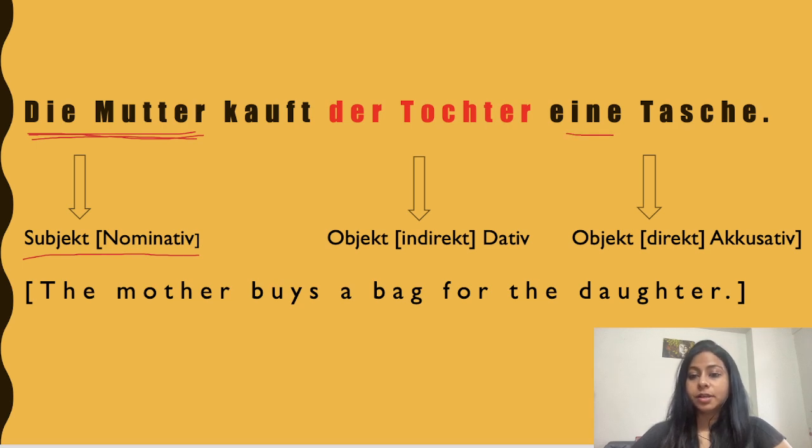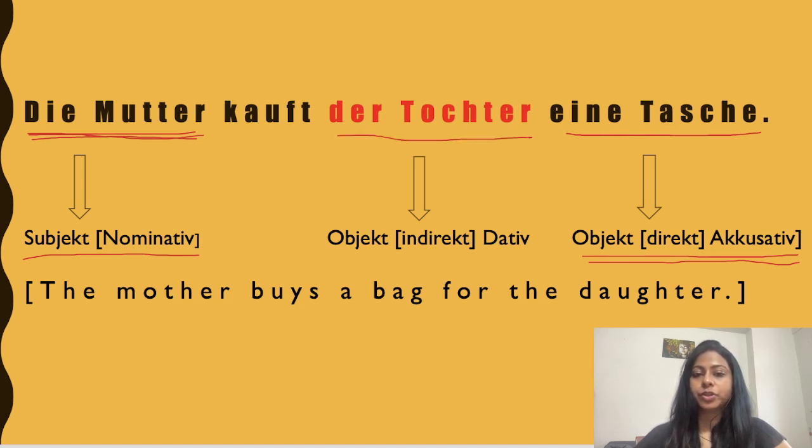Eine Tasche is the object, which is a direct object, which is accusative. And der Tochter is an indirect object, which is dative.